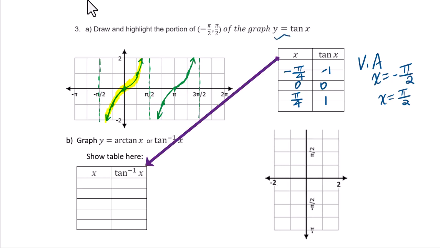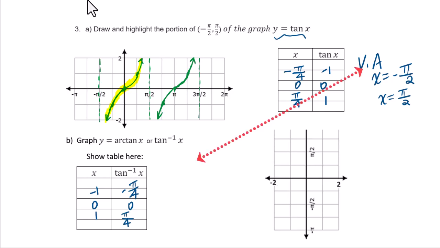The domain of tangent x changes into the range of inverse tangent x. The range of tangent x will be changed into the domain of inverse tangent x. -1, 0, 1; -pi over 4, 0, +pi over 4.